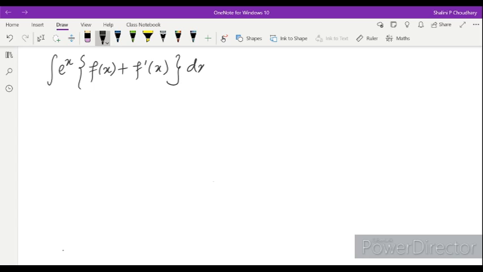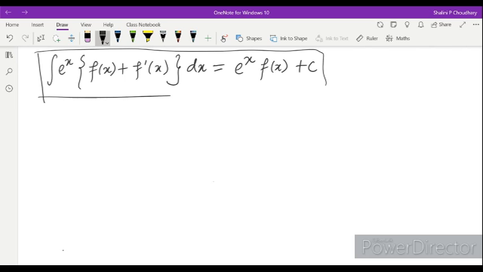The value of this will be equal to e to the power x f of x plus c. This is the formula. How this formula comes, now we'll see.